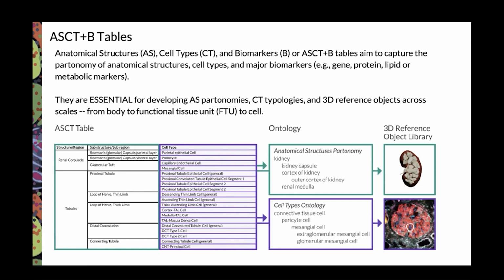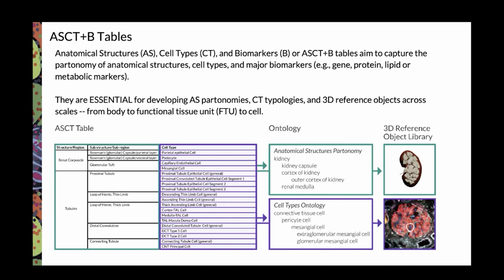We also have proteoforms. And with that architecture, you can now start to keep track of what biomarkers are commonly used to characterize certain cell types, which cell types are typically located in what anatomical structures, and how these anatomical structures build up to the whole body ultimately.